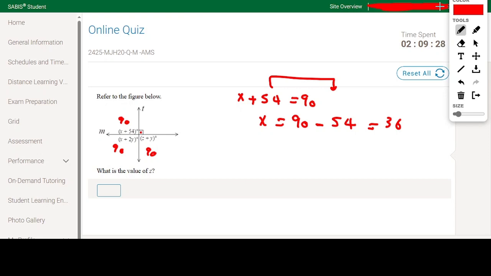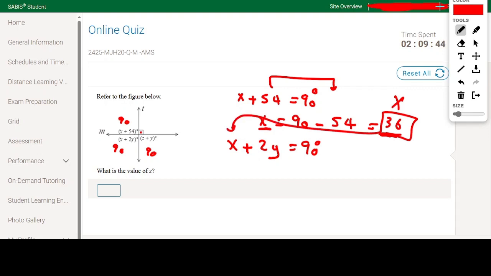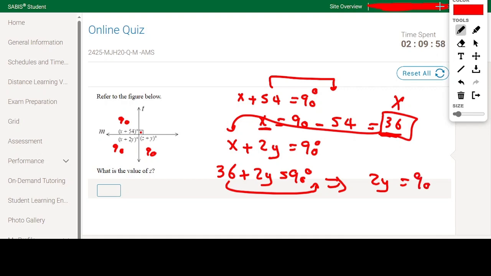Now the other one here, I have x plus 2y equal to 90, and here I have x equal to 36. So we'll substitute in this equation. So 36 plus 2y equal to 90 degrees. So 36 will go to the other side. So 2y will be equal to 90 minus 36.